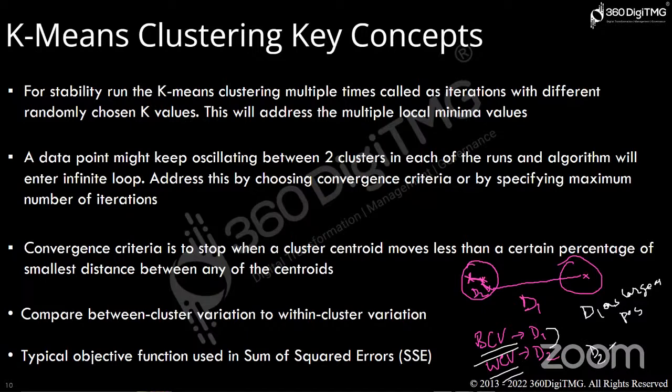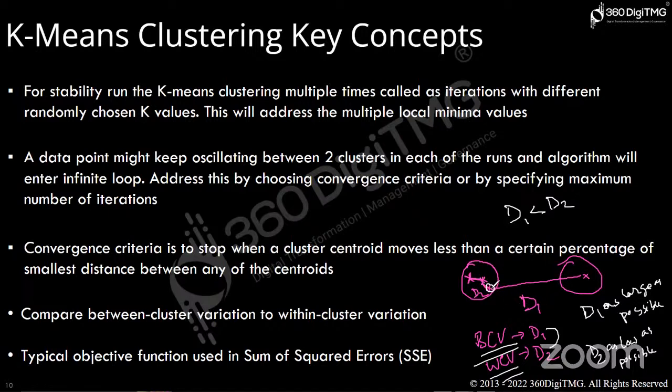D2 should be as low as possible, as small as possible. If somehow D1 is smaller than D2 for this point, we find D1 is smaller than D2.